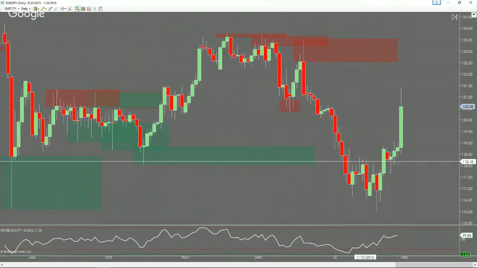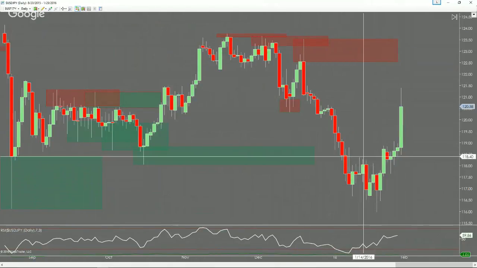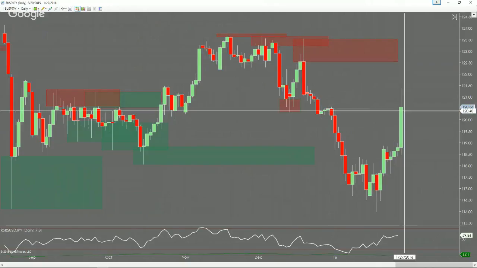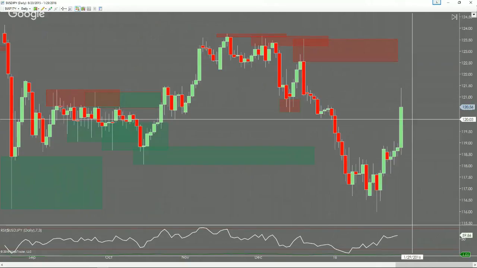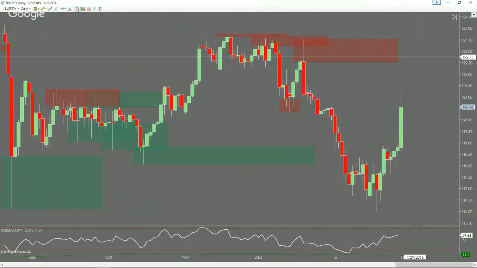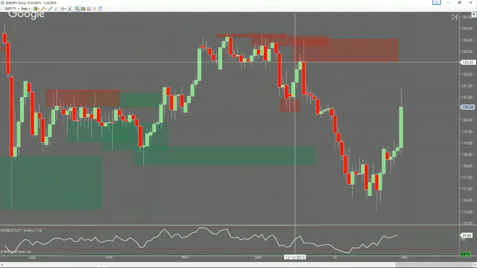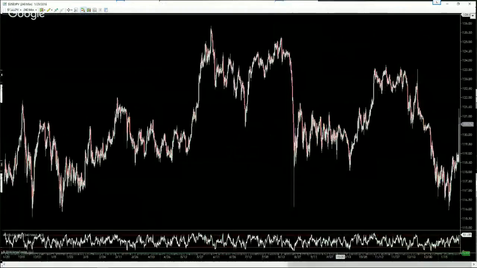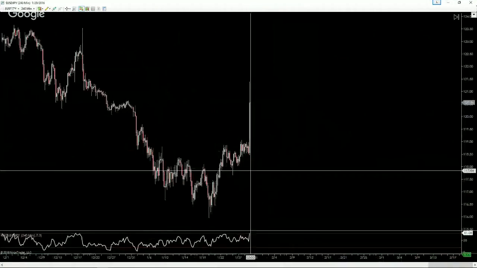We did close above these highs right here. So the next level of resistance that I'll be looking at, if I find a reason to hop on the trend going to the upside, is this level of resistance right here around the 2250 level. So let's go down to the 240, see if there's anything there.